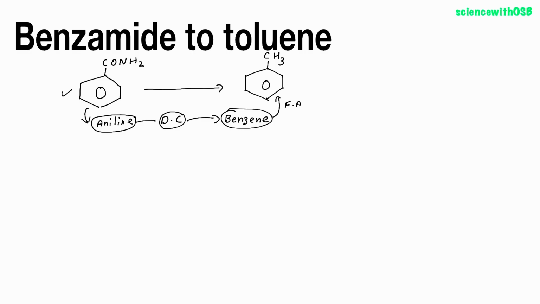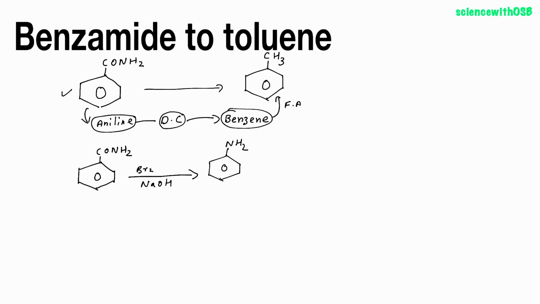Now we can try. So, we start from benzamide. How to convert it to aniline? See, Hofmann bromamide reaction, right? Br2 in the presence of NaOH, you will be getting aniline. Remember, here you are getting a product which contains 1 carbon less. Okay, here you can see 1 carbon, and in the product you cannot see that.